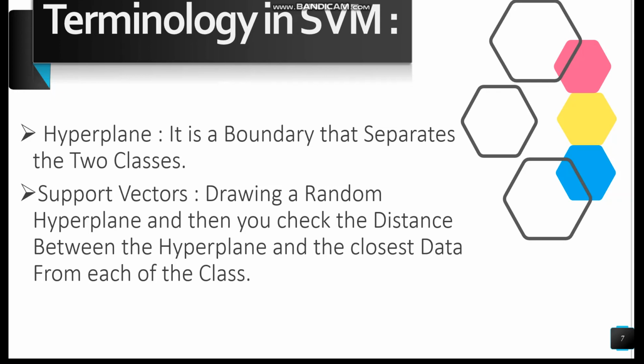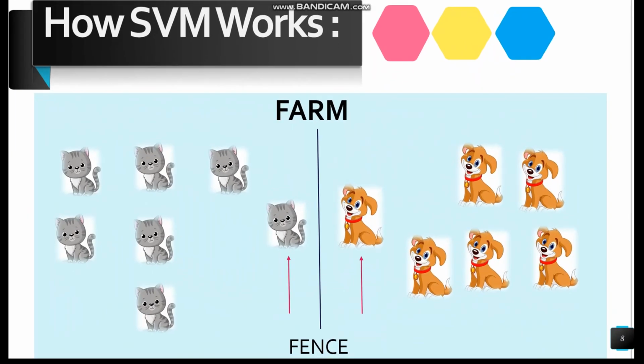These closest points are also known as support vectors. Now as shown on the screen, these two data points are closest to the hyperplane. So these are known as the support vectors, and that's where the name came from, support vector machine.